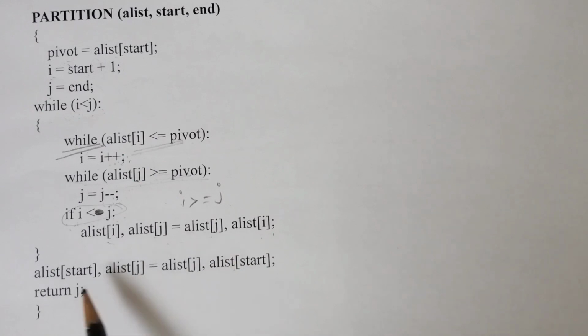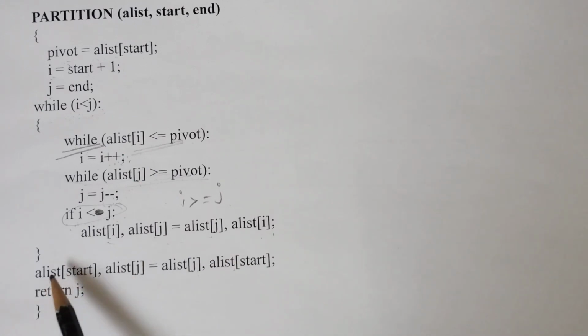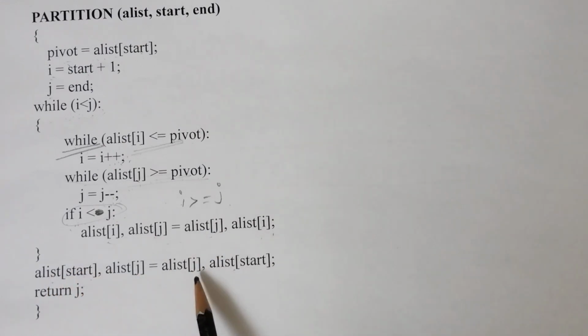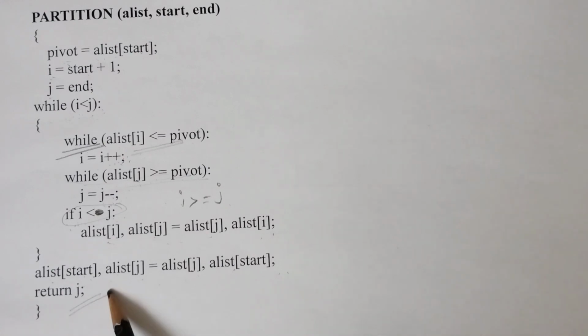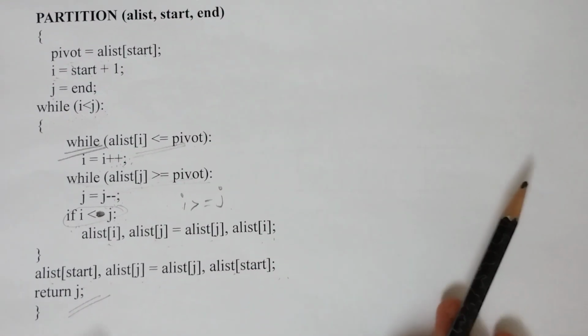The pivot element is A list of start, so you swap A list of start with A list of j, and A list of j with A list of start. This is how you do the swapping, and finally you return the value of j. So this is how this algorithm works.